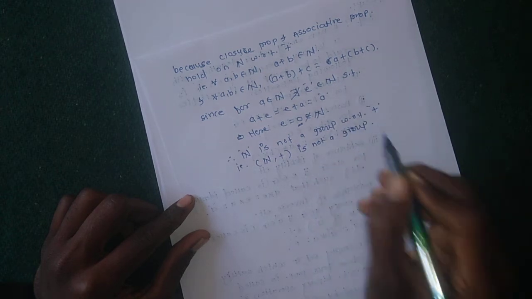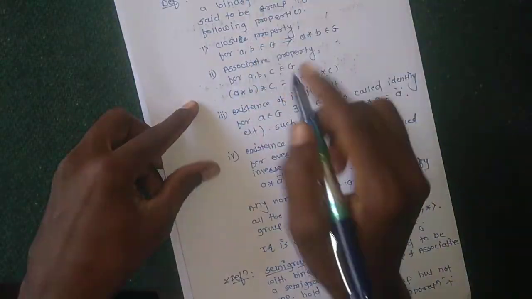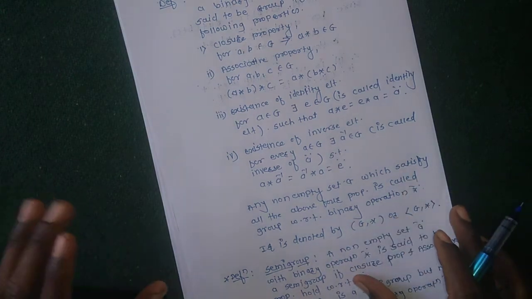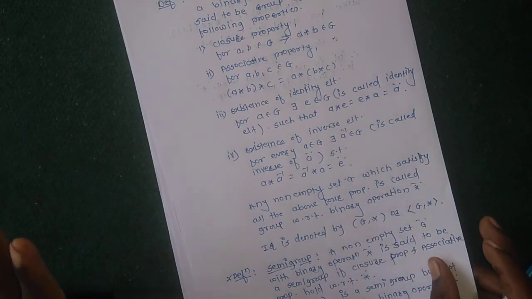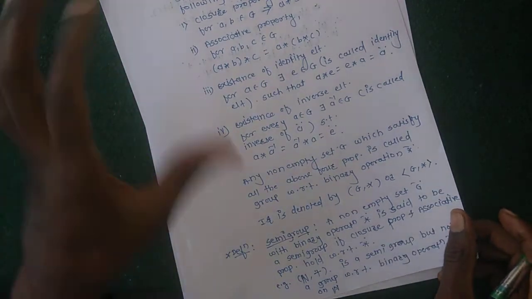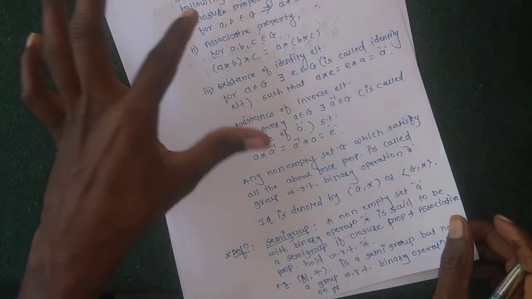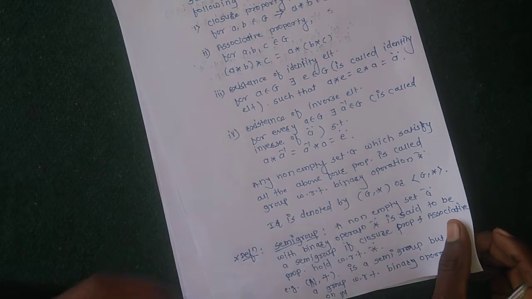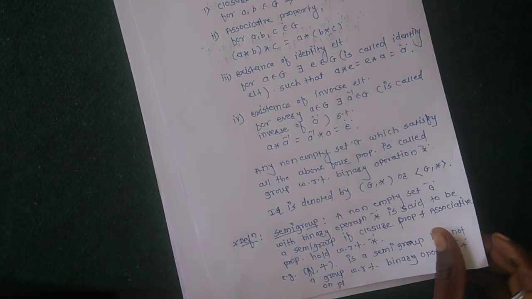If one of the properties fails, then the given set is not a group with the given binary operation. When it satisfies all four properties, then we say that it is a group. Here one of the properties fails, so it is not a group. Okay, next, commutative group.